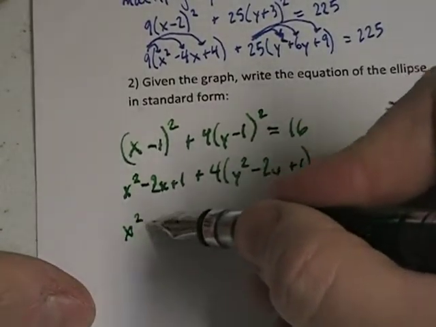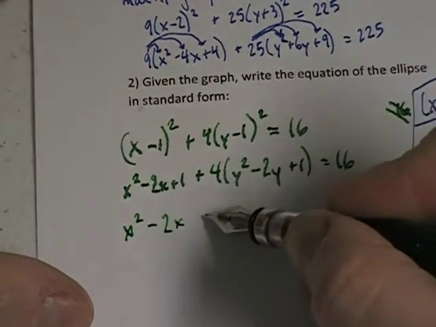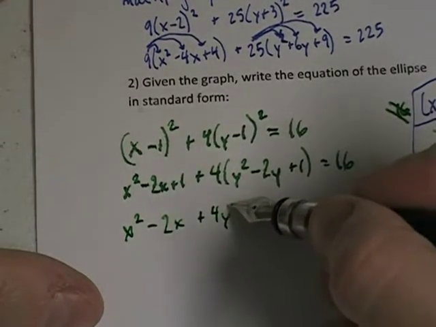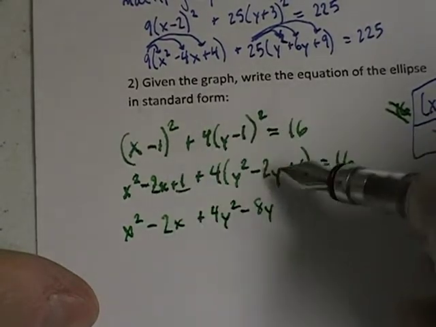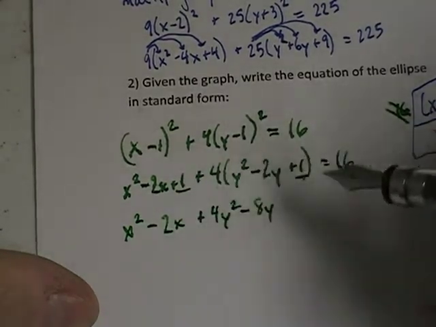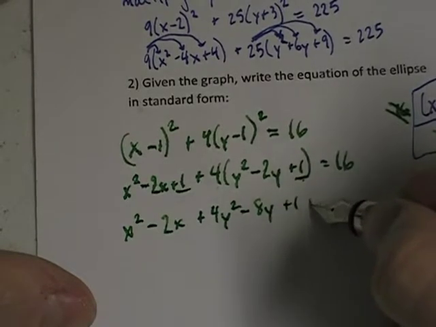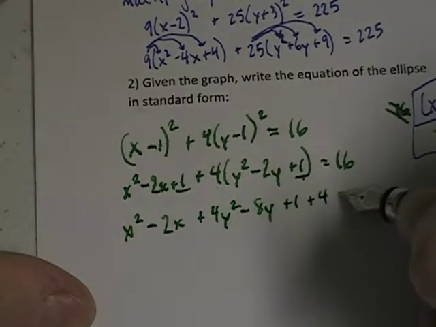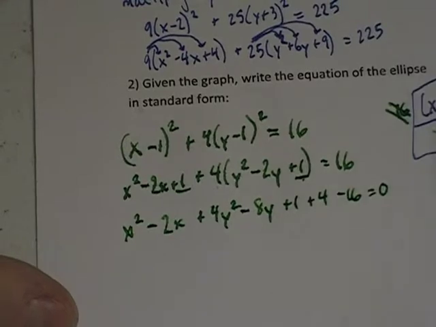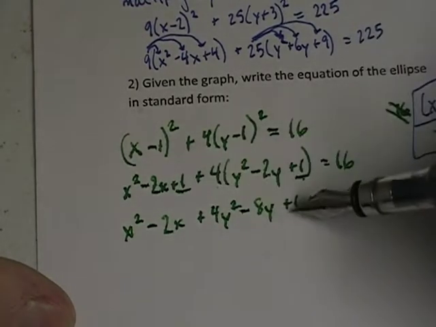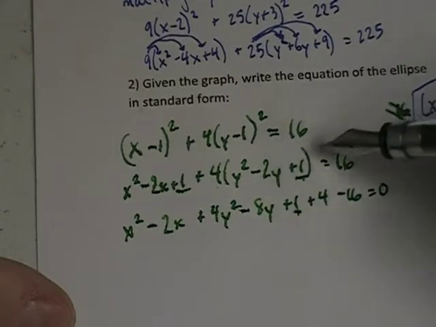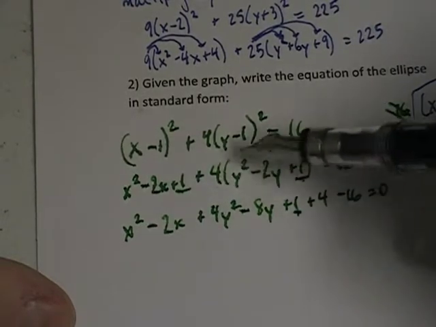So you get x squared minus 2x plus 4y squared minus 8y. And then this guy, and 4 times 1 is 4. So it'll be plus 1 plus 4 minus 16 equals 0. Okay? So this 1 goes here. This 1 is going to be multiplied by 4.